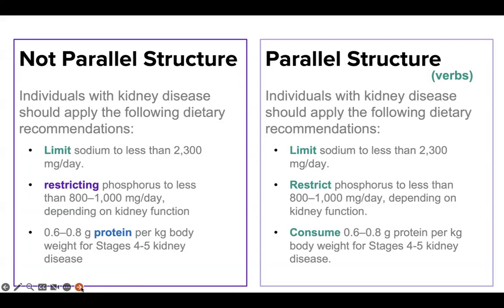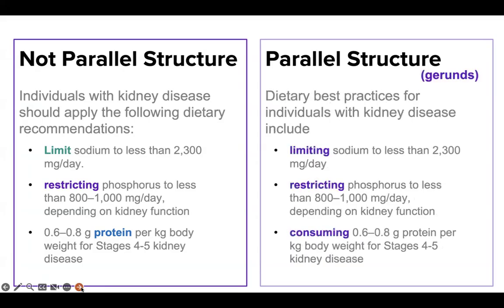Consume 6 to 8 tenths of a gram of protein per kilogram body weight for stages 4 through 5 kidney disease. In this case, it was much easier for me to read. Each idea was a complete command type sentence on its own that begins with a verb, and therefore all those bullets are parallel.